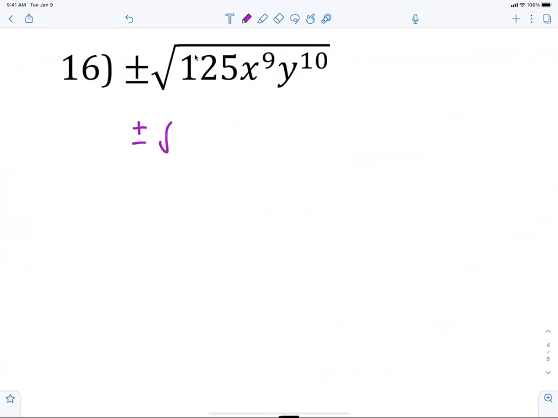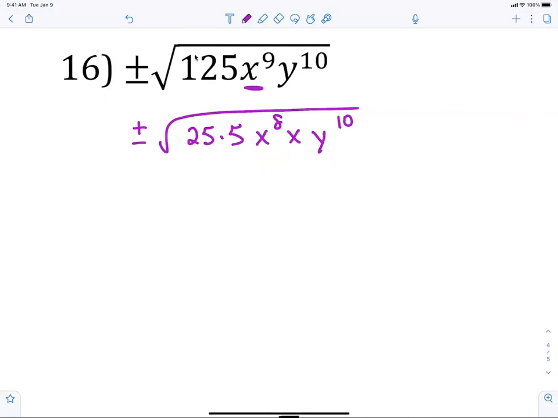Okay, plus or minus. 125 breaks down to who can tell me? 25 times 5. Odd exponent breaks down to the even, then leave y to the 10th. Plus or minus, what's the square root of 25? What's the square root of x to the 8th?